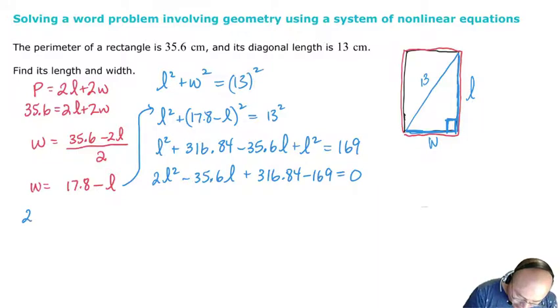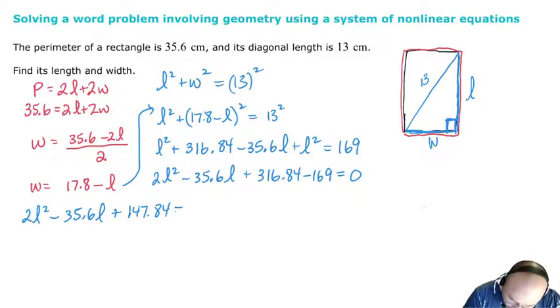So 2L squared minus 35.6 times L, and 316.84 minus 169 gives plus 147.84, is equal to 0.